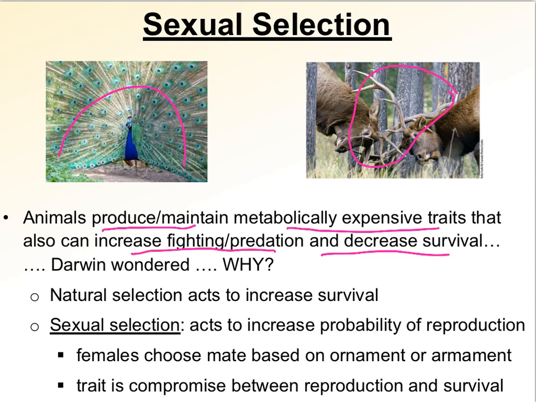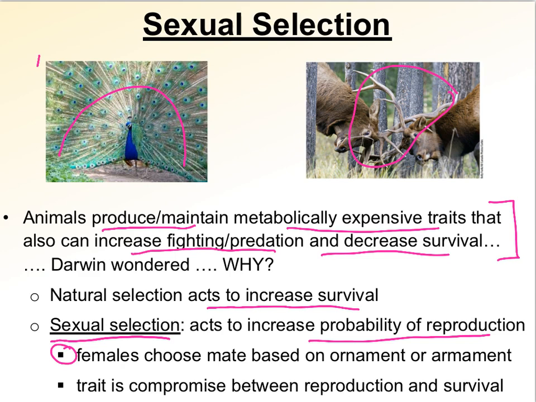So we know natural selection acts to increase survival, and this up here doesn't seem to do anything about survival. But now we're talking about sexual selection, and sexual selection acts to increase the probability of reproduction. And it turns out that females will choose mates based on ornament.